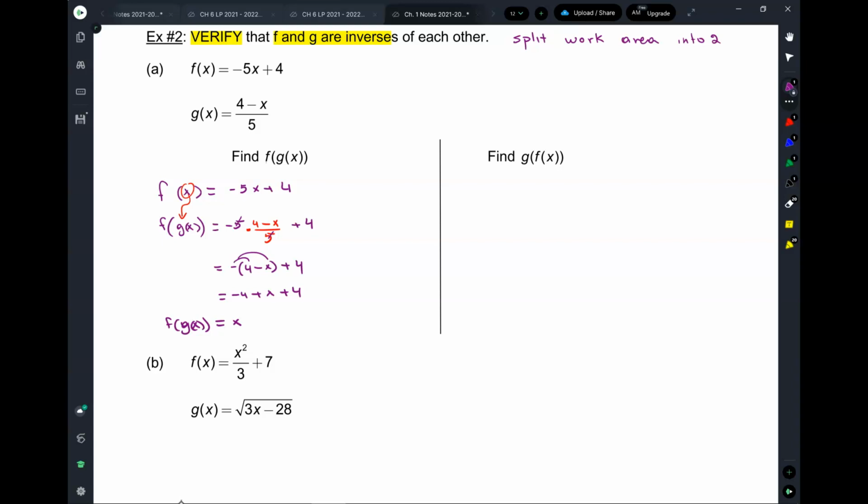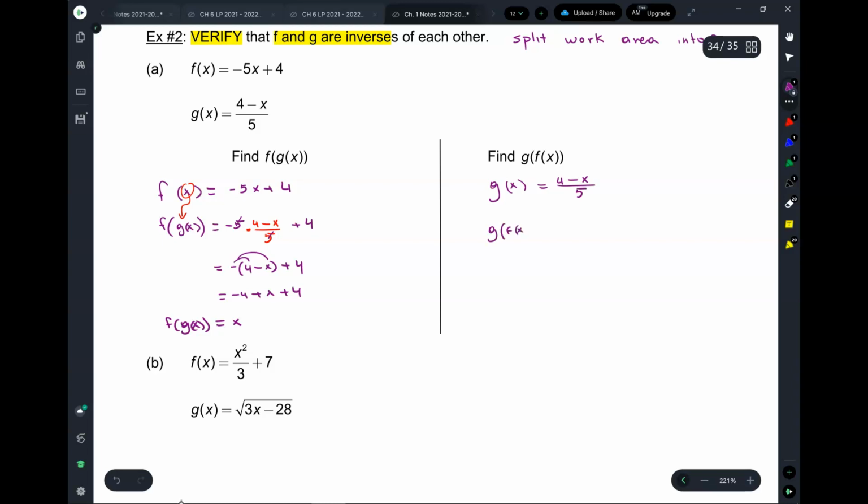Because the top has a negative 5, the bottom has a positive 5. So only the 5s. Now we're going to do g of f of x. The outer function is g of x.